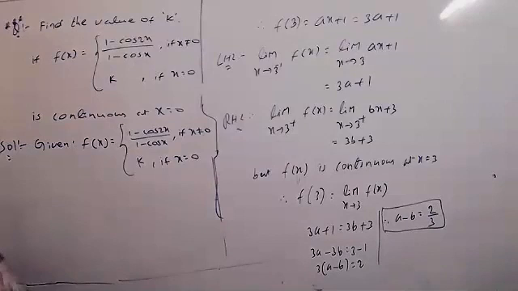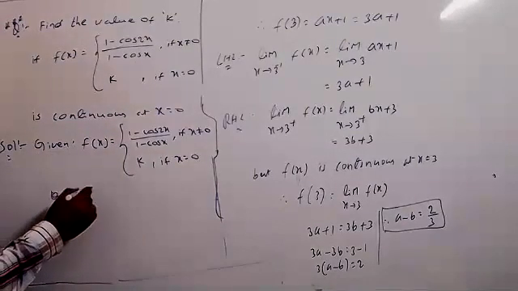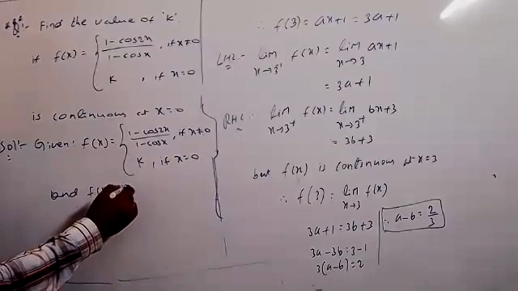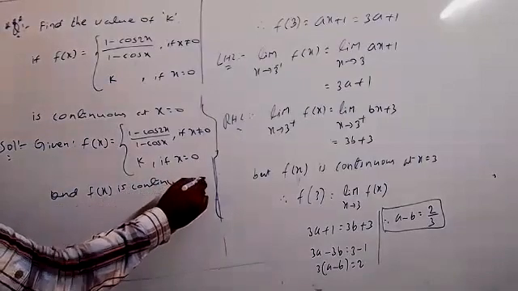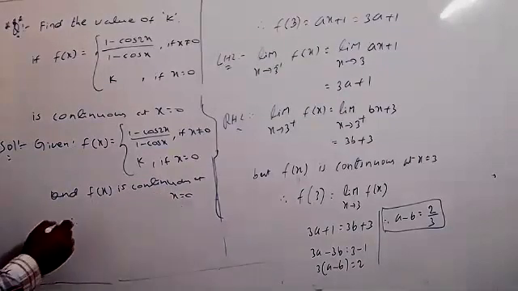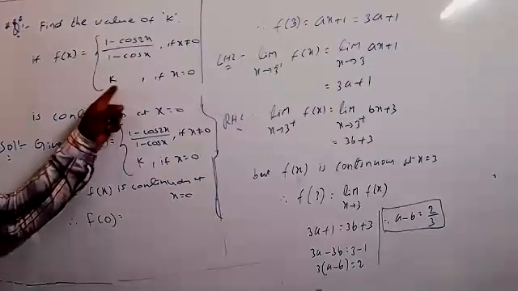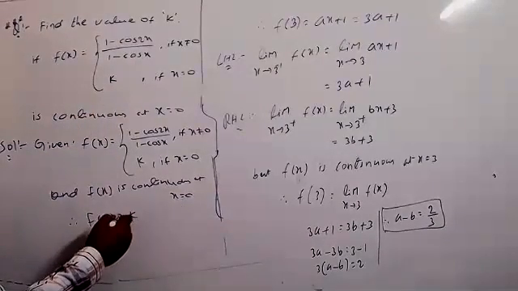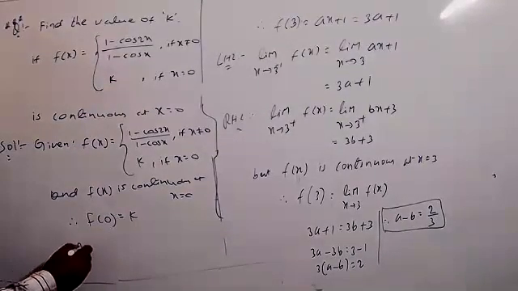Now, what is the condition? f of x is continuous at x equal to 0. Therefore, you can find f of 0. If we take x equal to 0, f of 0 equals k. That is one condition.